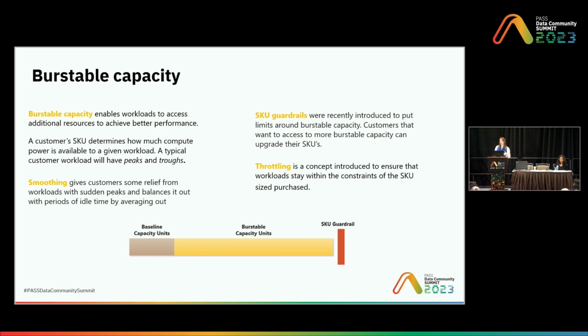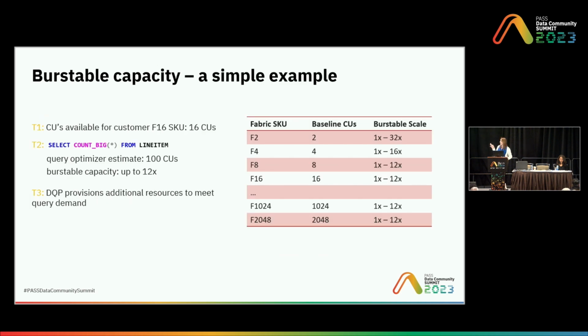We introduced SKU guardrails recently, which put some limits around that burstable capacity. On average, you're going to get 6 to 12 times the amount of compute units that your SKU allows. Let me walk you through that. On the right-hand side here, you have your Fabric SKUs.